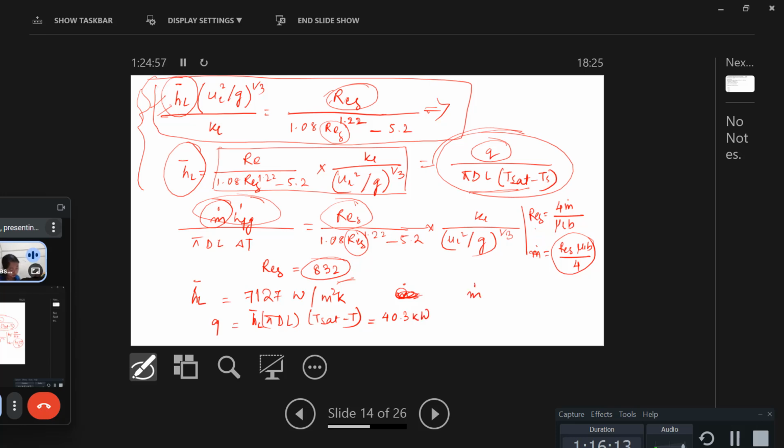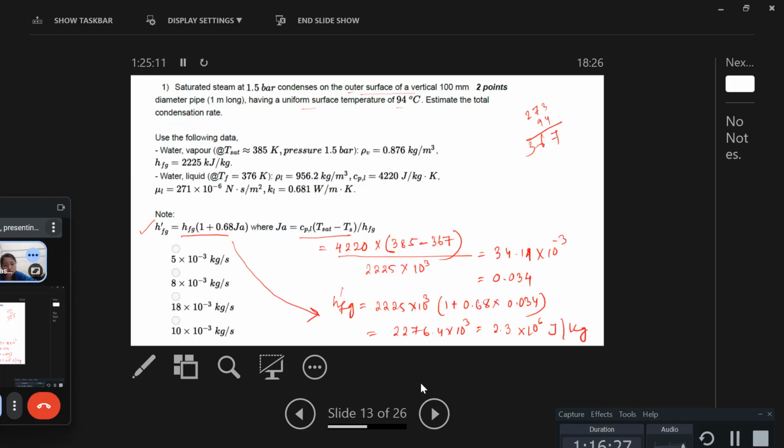Now this m dot should be Q divided by HFG prime. So 40.3 into 10 cube divided by HFG prime, which is given as 2.3 into 10 power 6.